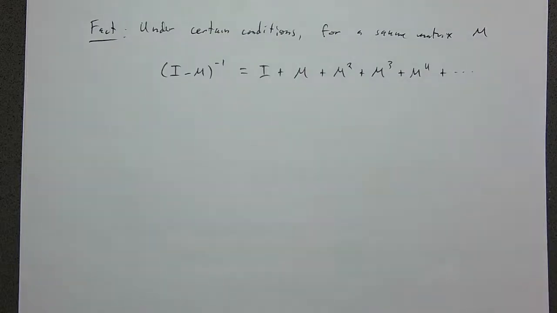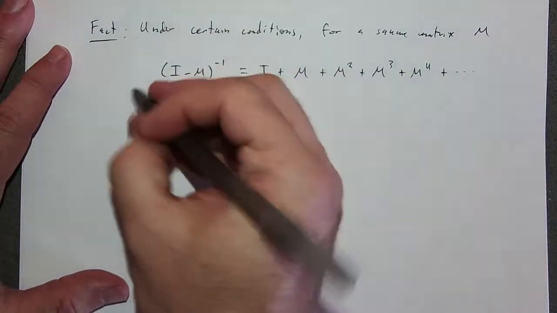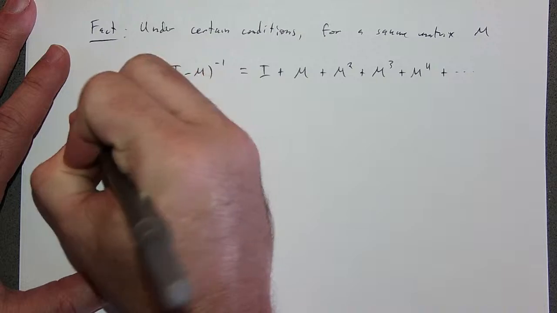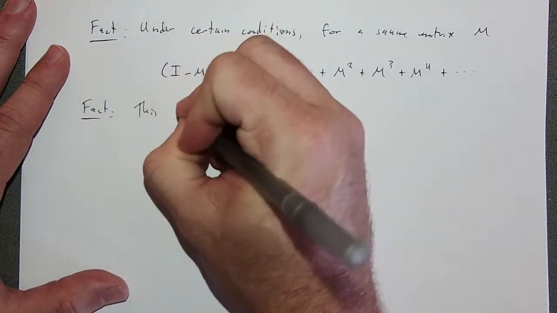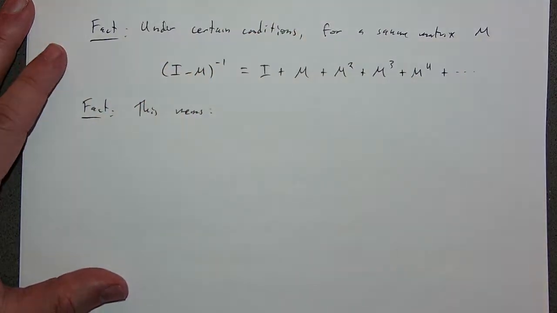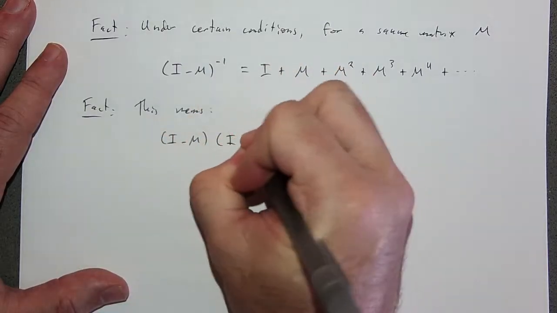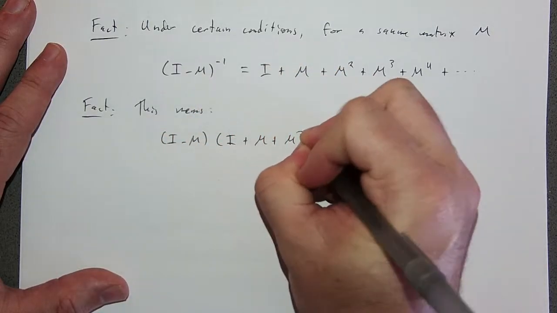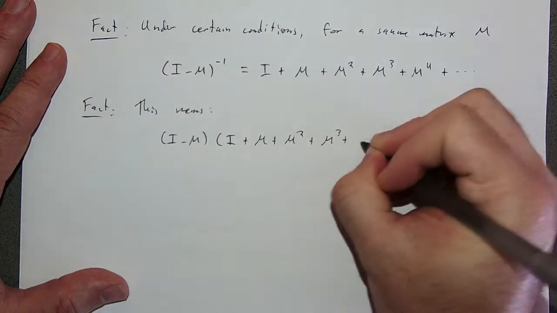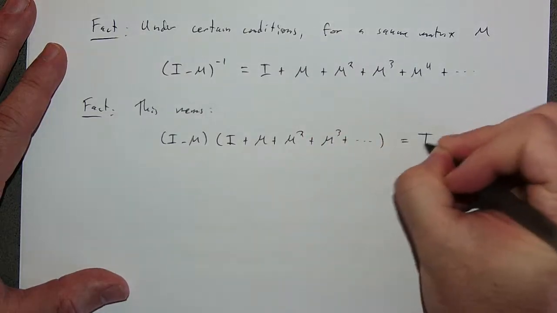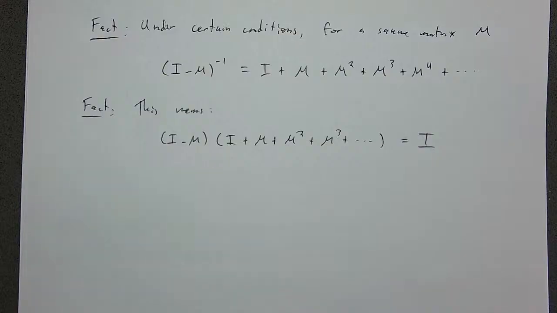Now I can actually rewrite this in the same way that I rewrote this formally when I was doing this proof here. I can rewrite this as: this means I minus M times I plus M plus M squared plus M cubed and so on is equal to I. That's what that should mean, right?